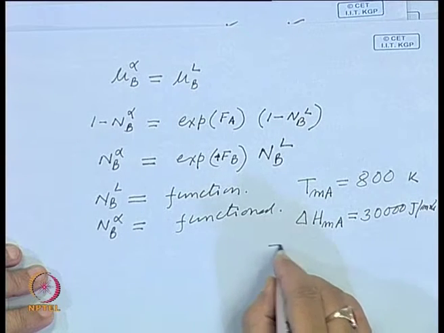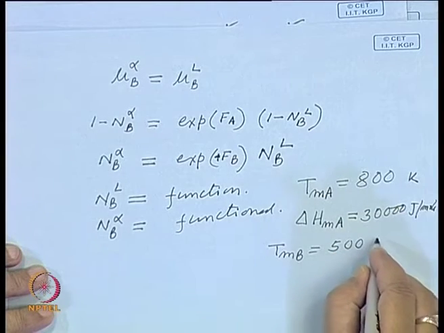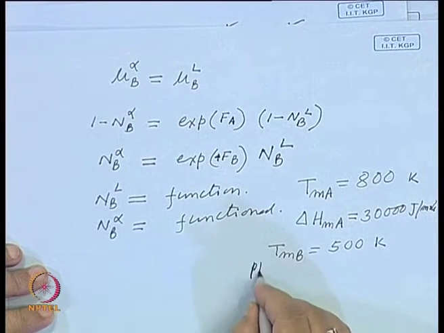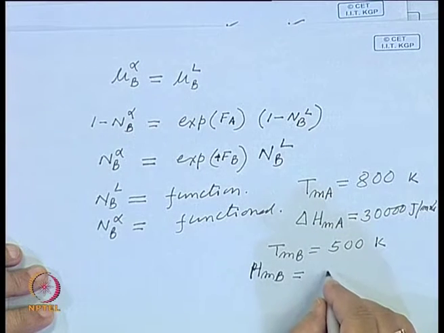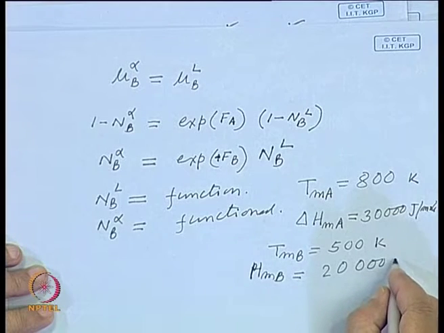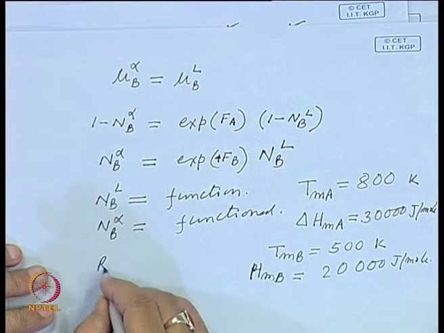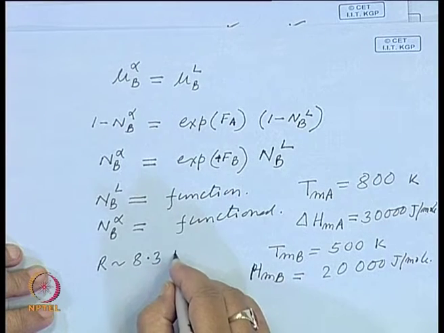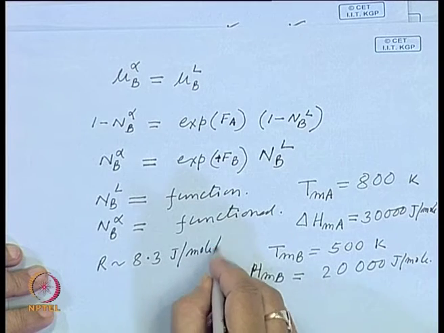Then melting point of B, you take 500, and this enthalpy, you can then set it up in a spreadsheet, and you know that R is approximately 8.3 joule per mole per degree Kelvin.